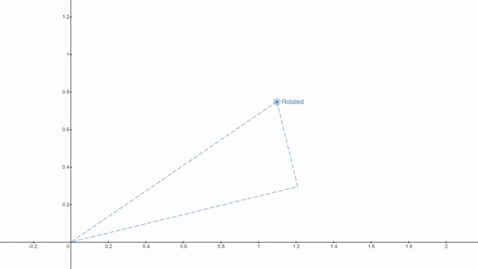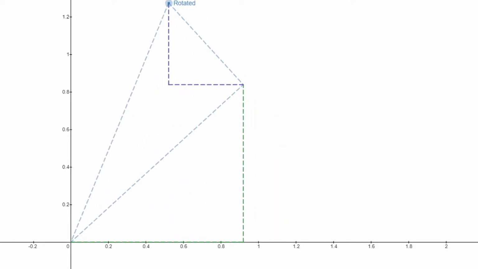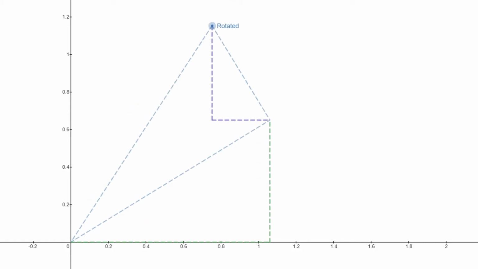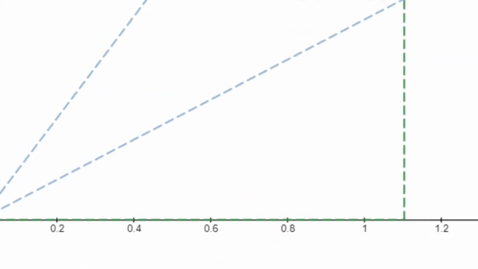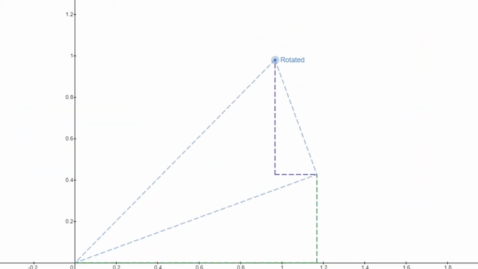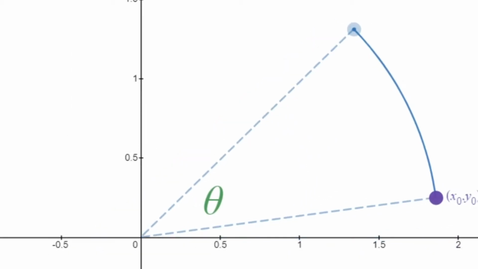Each of these diagonal legs are then treated as a smaller hypotenuse of a triangle whose legs are horizontal and vertical. Forming a subtriangle of those rotated legs makes a clearer distinction of the rotated point's location because all the smaller legs are horizontal or vertical, whose lengths can be expressed as a relation of xo, yo, and theta.